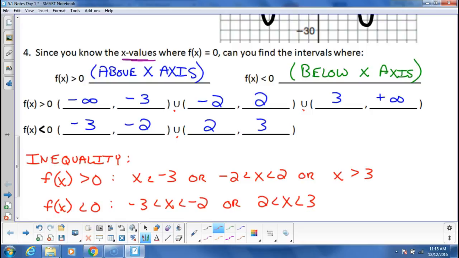Me, I prefer interval notation. To me, it's cleaner, it's neater, less writing actually. But unless it specifically says in interval notation or in inequality, it depends on what you want to do. They both mean the exact same thing.